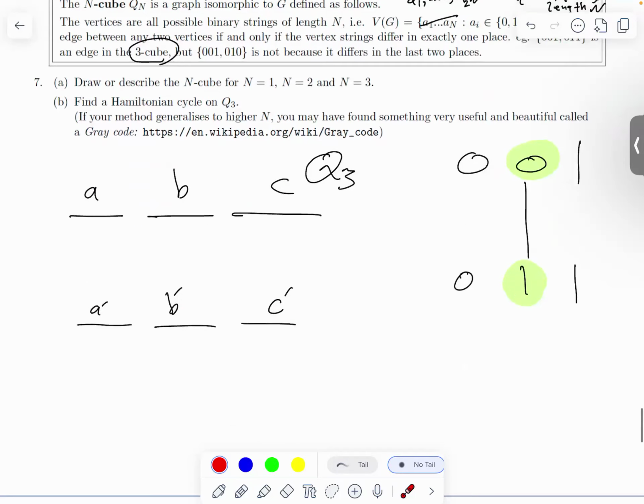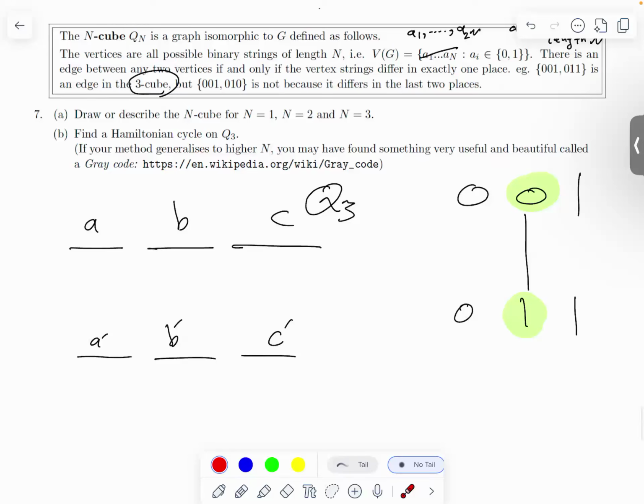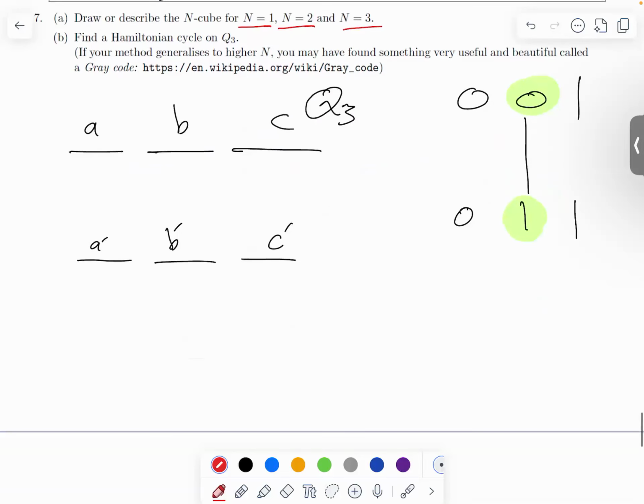So let's go through one example here. N equals 3. So Q1 is just this one, and the names are 0, 1. They are different in the only place there is, so they will be connected.